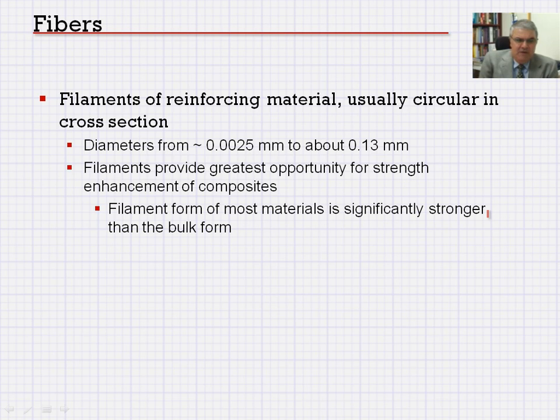Cross-sections vary from very fine ones, 0.0025, to very coarse ones, up to 0.13 millimeter in diameter. And this is where we have the opportunity to provide most of the strength enhancement of composites, because the stresses would eventually be transferred to the fibers, and fibers are what provide the resistance to the load.